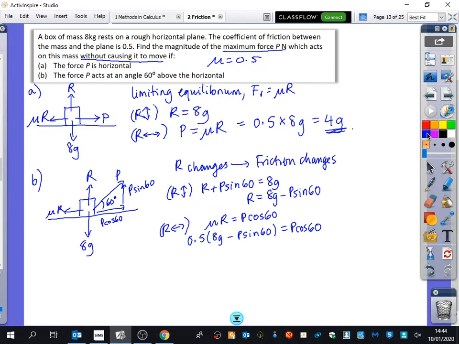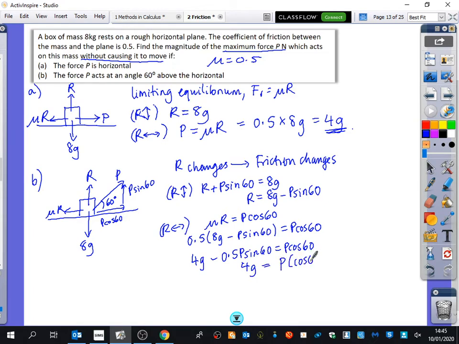I'm going to try and keep this as neat as possible. So let's expand this. I get 4G minus 0.5P sine 60 equals P cos 60. What's the best way of solving this kind of equation? What do I need to do? P on one side, factorize and divide. So I get 4G. I'm going to be a bit sneaky here and do it as quick as possible. I'm going to factorize and put it on one side.